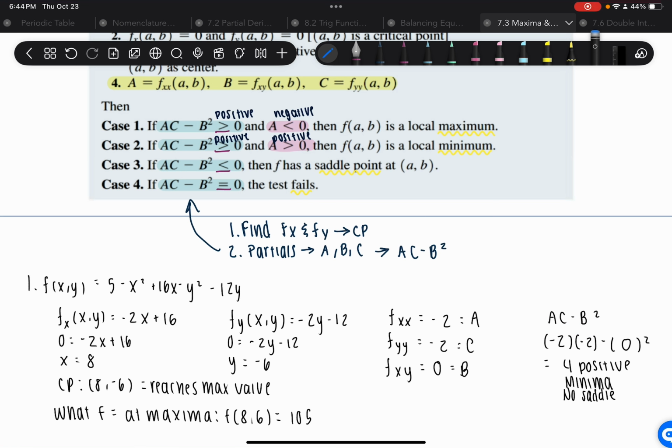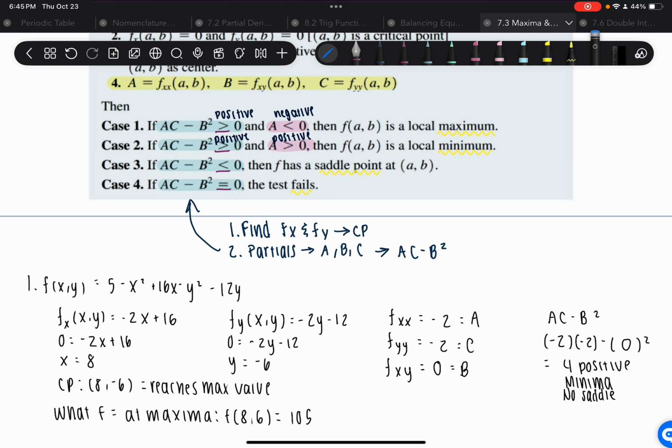So I got -2 for a and 0 for b, which is right there, and -2 for c, and I ended up getting a positive 4.